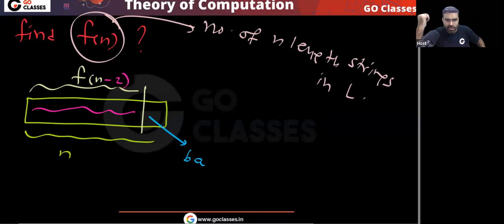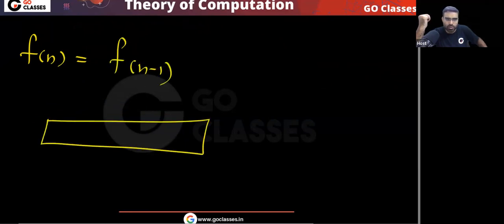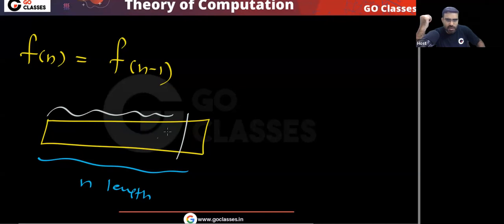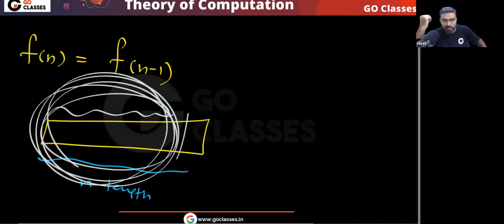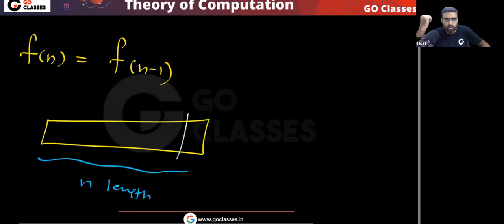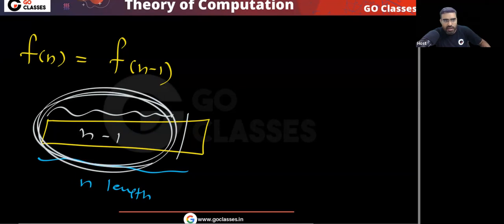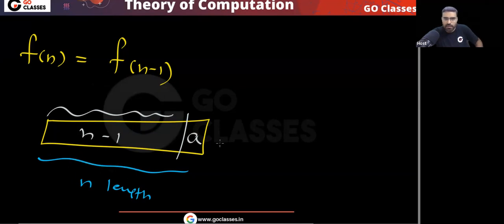So I am saying that if you want fn, this fn is equal to, either you can create from an n minus 1 string. This is your n length. What you can do? Either you can add a to the n minus 1 length string.